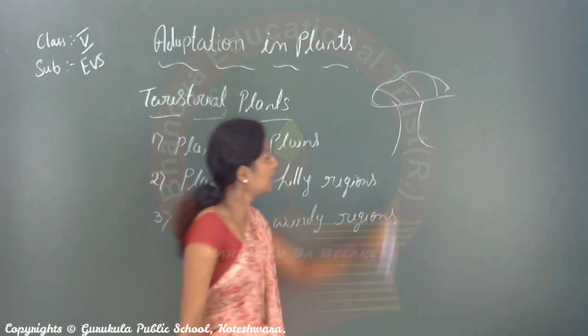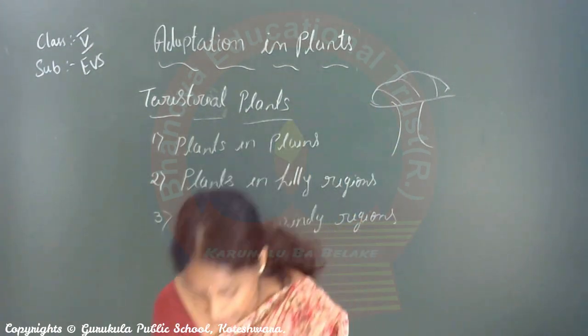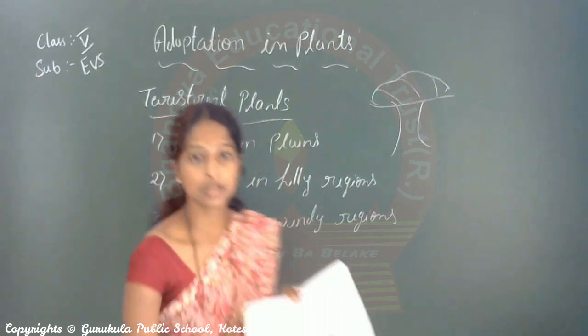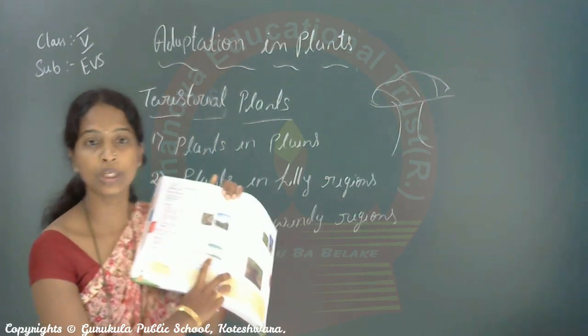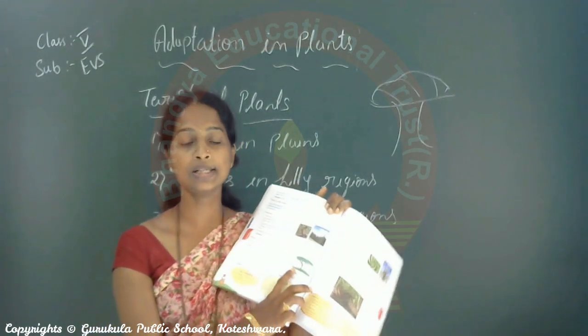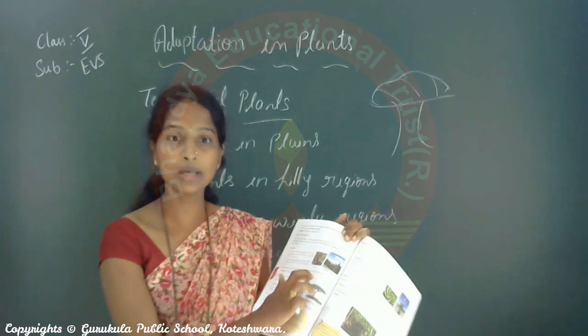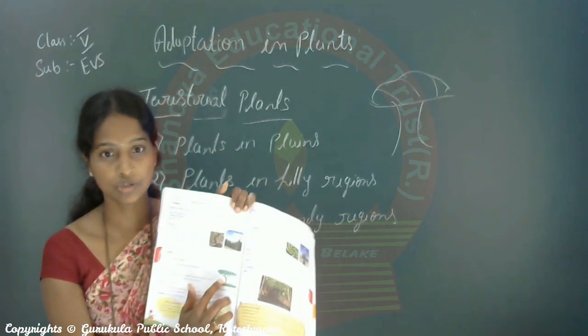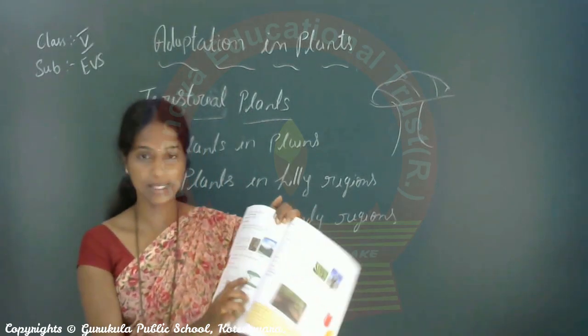The plants which grow in these windy regions have a flat top or umbrella shape. Open your textbook and see that, children.